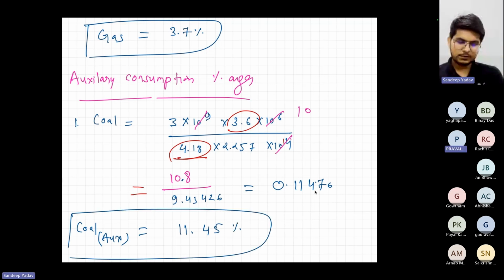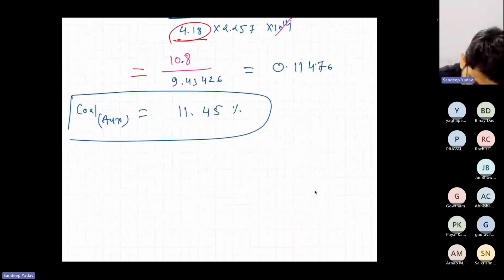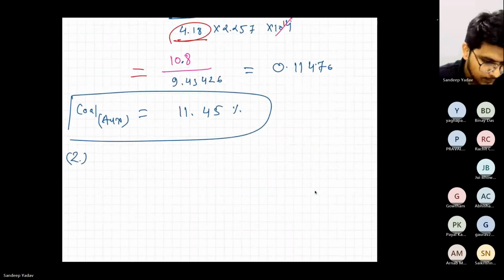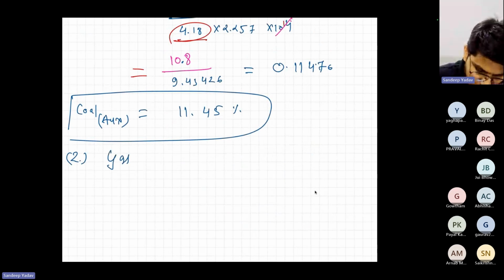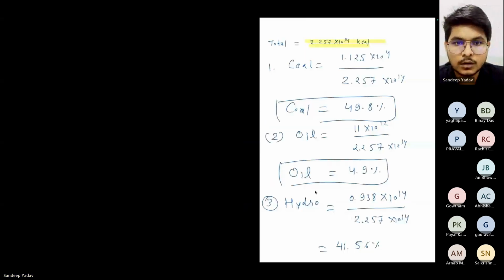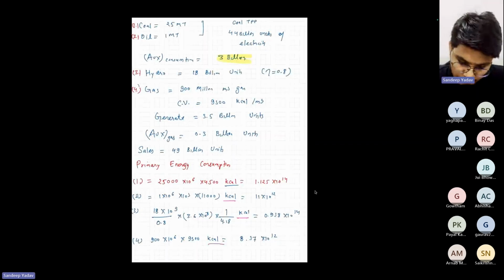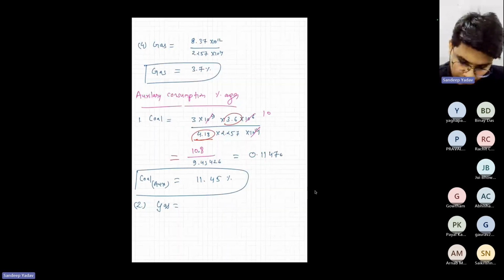So that's what we have solved for the coal. Now the similar thing we can calculate for the gas. For the gas, the auxiliary consumption is given as 0.3 billion units.